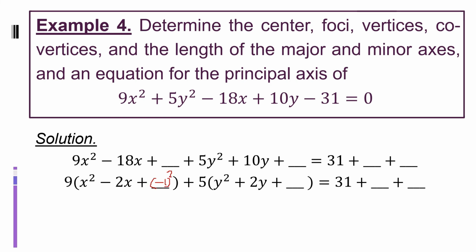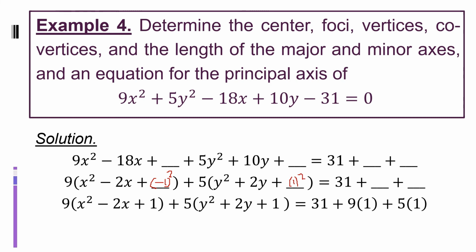Sa kabila naman is 2 divided by 2 is 1 squared. Okay? So yung idadagdag natin, we now have 9 times x squared minus 2x plus 1 plus 5 times y squared plus 2y plus 1 is equal to 31 plus 9 times 1, yan, and 5 times 1.